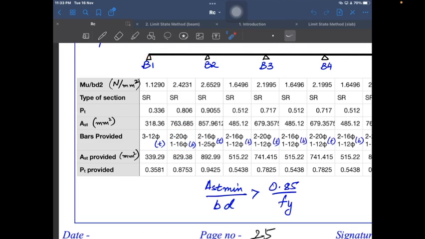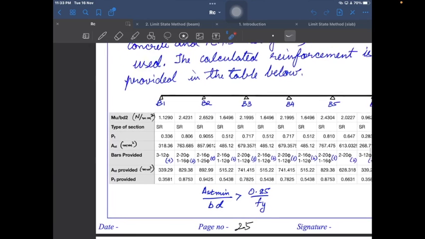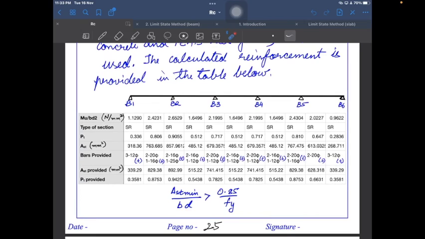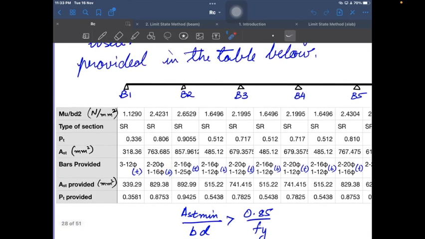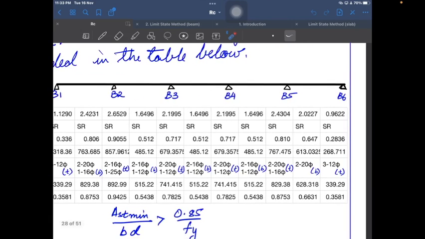I hope I'm making myself clear. It is as simple as that. I'm curtailing 16 bars, I'm just sending 2 20 bars inside the support. Similarly at B2 also I'm sending 2 bars; symmetry should be maintained, so I'm directly sending those 2 into the support.